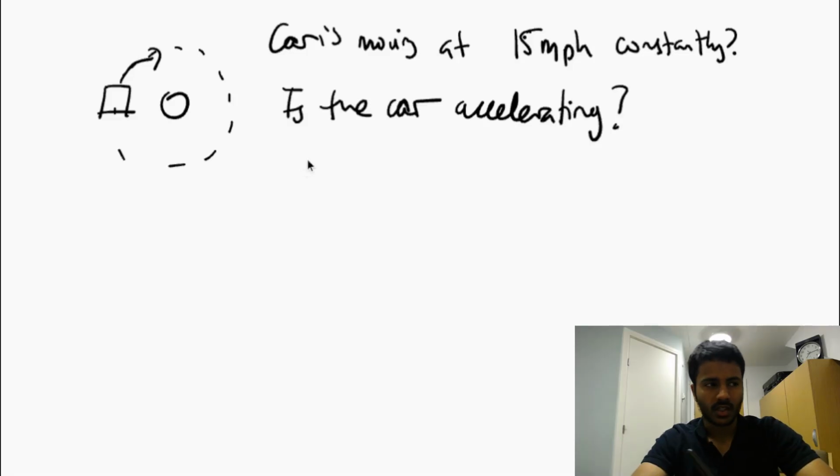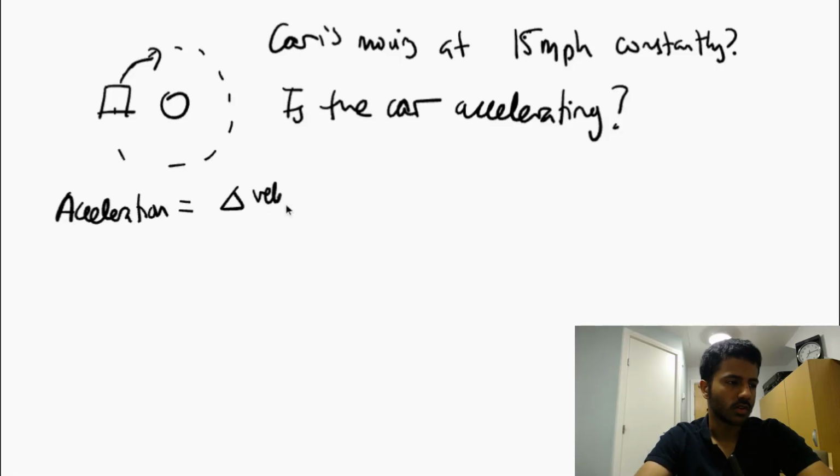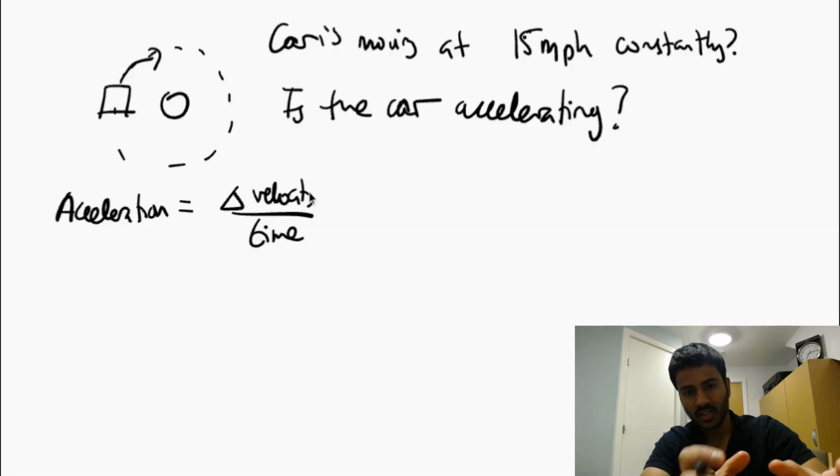We know that acceleration is equal to change in velocity over time. Now, it's moving at 15 miles per hour, so the speed is not changing. The speed is constant. However, remember that velocity is both direction and magnitude.